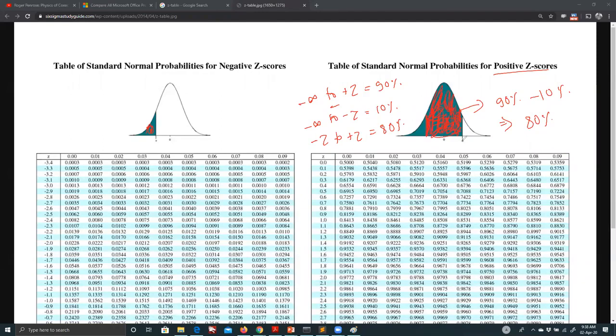Because it is well balanced, whatever z value will be on this side, it would be just minus z on the other side. So how to find that?